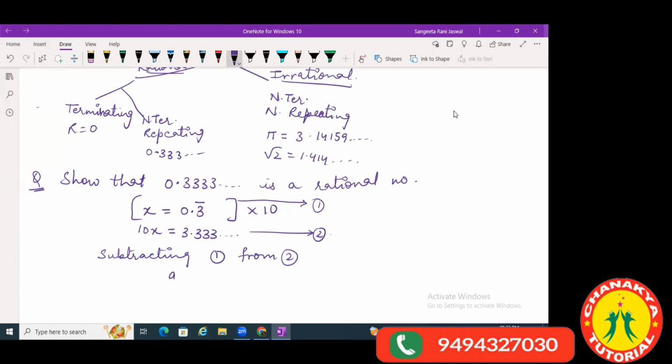And on the right side I have 3.33 and so on minus 0.333 and so on. So when I subtract, see, after the decimal there are the same digits, so after the decimal place it will be all 0. And before the decimal, 3 minus 0 gives me 3. So 9x will be equal to 3.